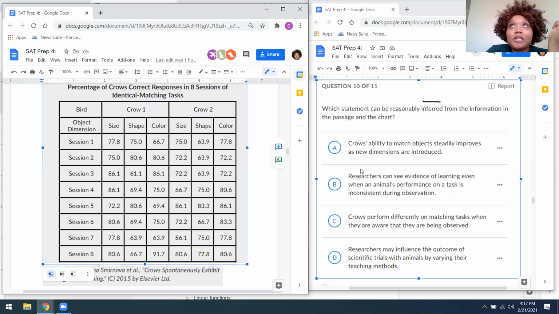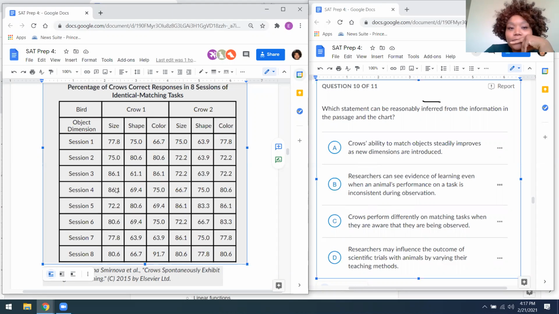Remember I said when we're talking about inferred or reasonably inferred, that usually points to something not directly stated, but that you're being led to making a conclusion on. So answer choice B, the correct answer, says that researchers can see evidence of learning even when an animal's performance on a task is inconsistent during observation.